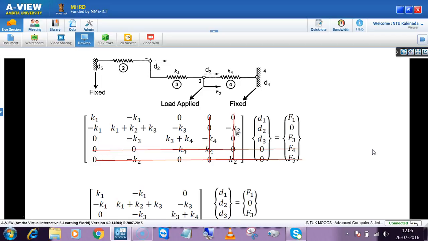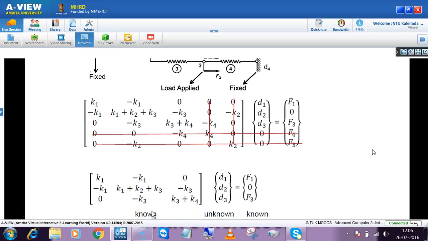When you multiply these with the zeros, you get 0. So when you knock off all those zero terms, you get a simplified equation.